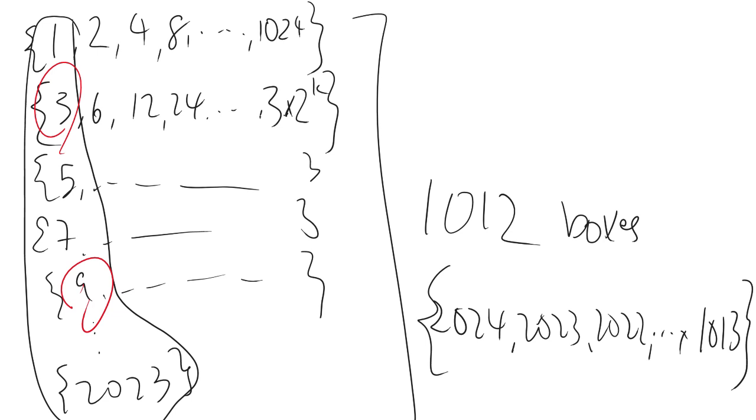This is a 1012-element set where none of them divide each other, because the only way one can divide another is by multiplying by 2, but 1013 multiplied by 2 already exceeds 2024. So the answer is 1012, the maximum number of elements you can choose so that no two of them divide each other.